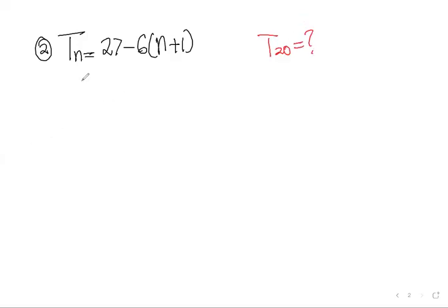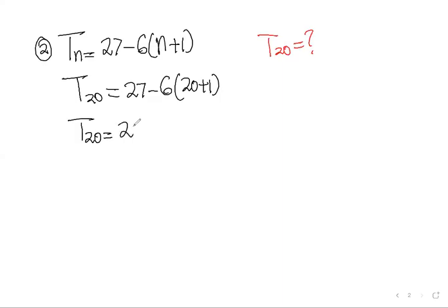Now what you're going to do, you're going to say T20, then in place of n, you're going to put 20. So it's equal to 27 minus 6 into, now since our number of terms is 20, you're going to say 20 plus 1. Then T20 equals 27 minus 6 into, when you add 20 plus 1, you're going to get 21.